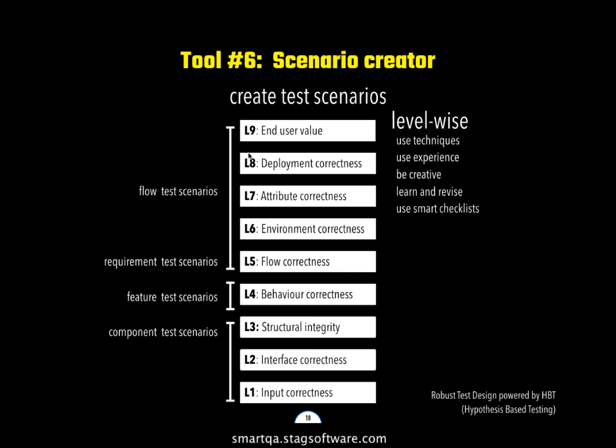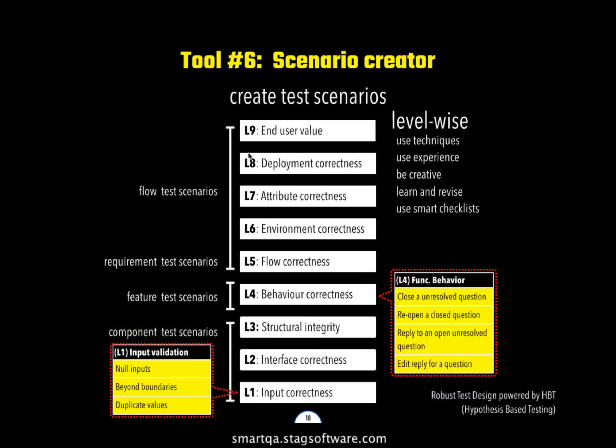It simply means that we want to organize test cases into various quality levels. For example, at a lower level, the scenarios primarily deal with validation of inputs, like these. Whereas as we go up, the scenarios at level 4 would primarily be to validate functional behavior.